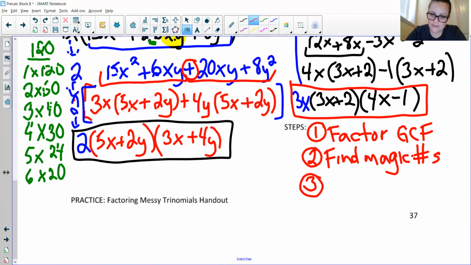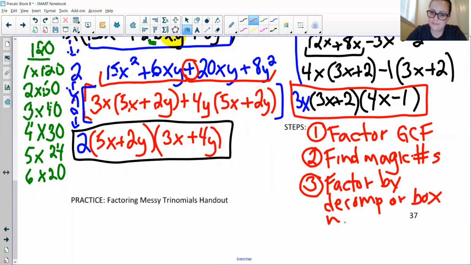So you're going to use factor by decomp or box method. And the last thing, you're going to check by expanding, which I showed you with one of those questions.